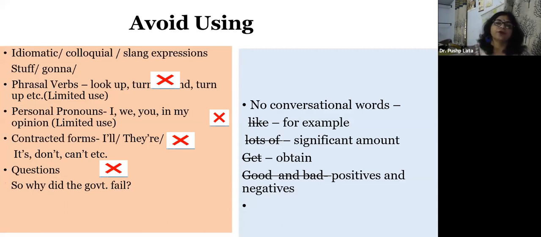When you want to write this, you can always say, in the ensuing part of the paper, the paper discusses the reasons for the failure of government in eradication of poverty in the last 50 years after independence, whatever you want to write. So you have a way of writing it. Do not write questions straight away.